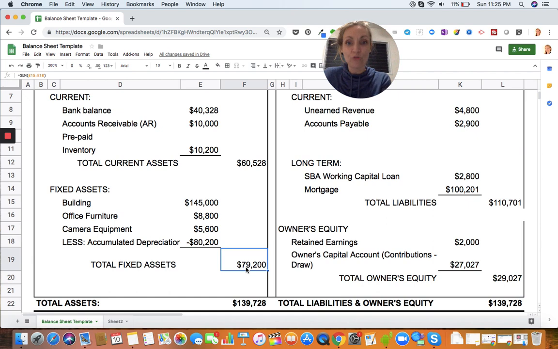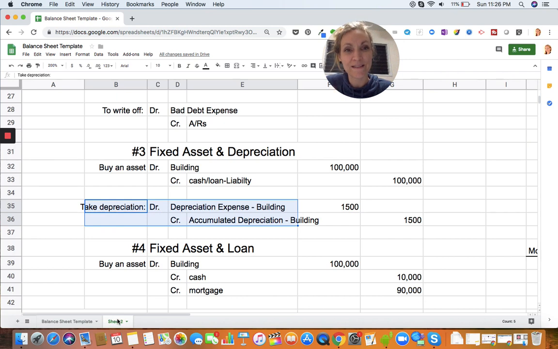Only the net amount goes into our value of our business, but we'll always see the value of those assets so that it's clear that those assets are in the business, regardless of depreciation expense taken. So that's why we have that special way of writing off assets, because they are so important to a business so that the value of them can be seen.